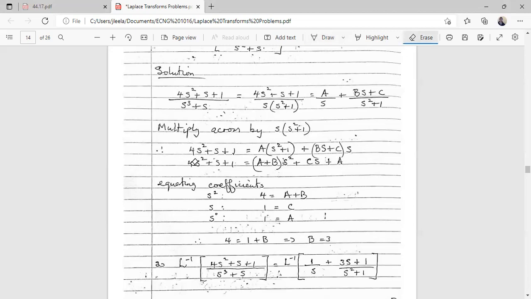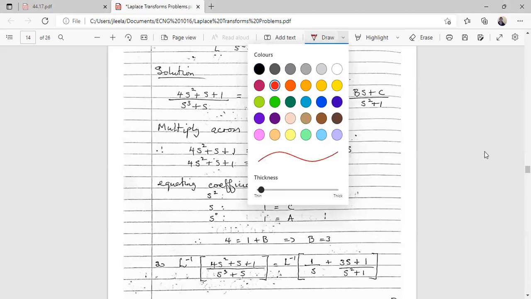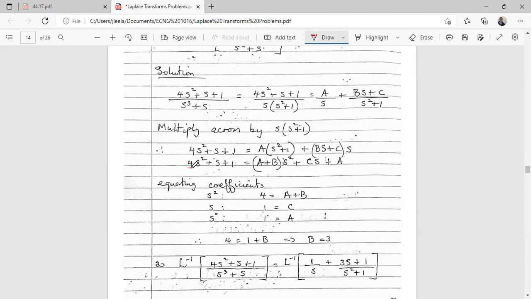So if you notice on the left-hand side, the coefficient of s squared is 4. So a plus b is equal to 4, right? If I equate coefficients, the coefficient of s here is 1, and your coefficient here is c. So if you equate them, you'll get c equal 1.